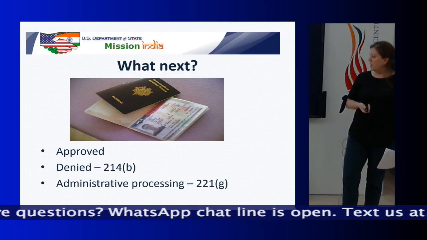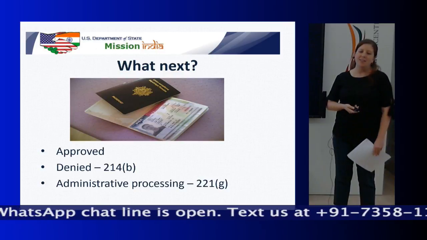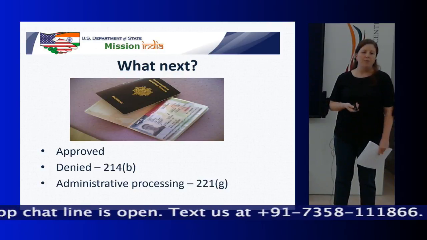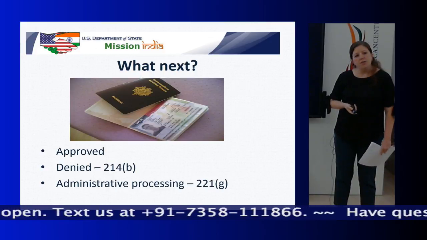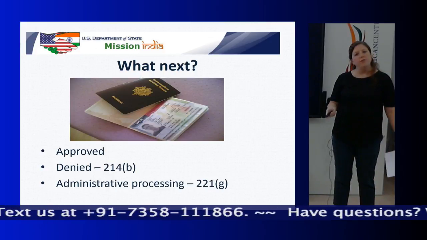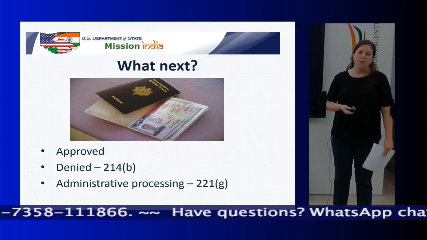And then sometimes we just have a lot more paperwork to do. We're a bureaucracy, and that's just a reality of our job. So sometimes your application might be under administrative processing. This is usually for a whole host of issues. Normally it's just paperwork we have to do at our end.